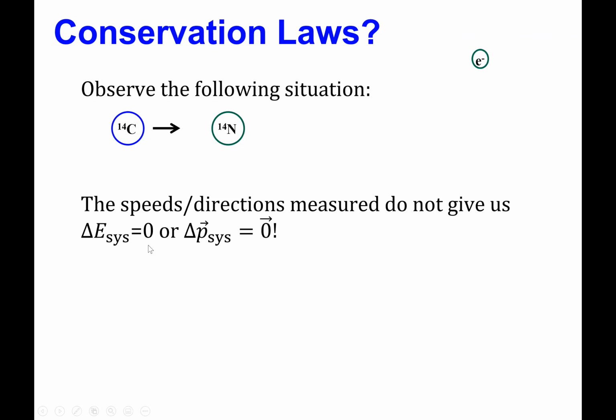So total energy changes, but also total momentum changes as well. And the way we've illustrated this process indicates that. The nitrogen atom moves off in the negative direction horizontally, but the electron shoots off in some diagonal direction. And initially the carbon-14 atom is stationary, if that's our assumption, so the momentum of this carbon-14 atom is zero.